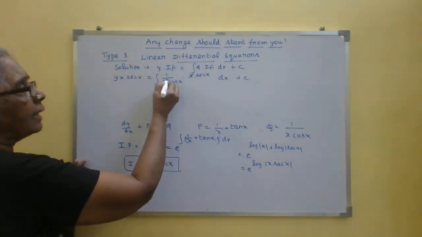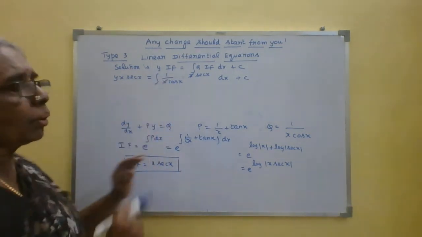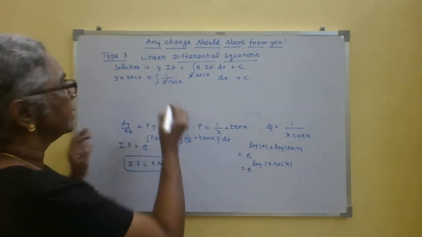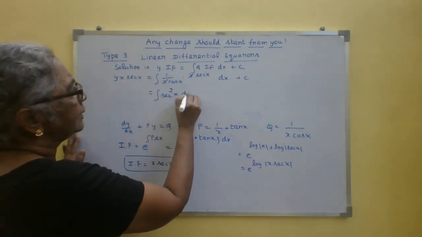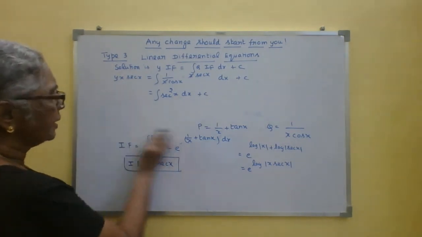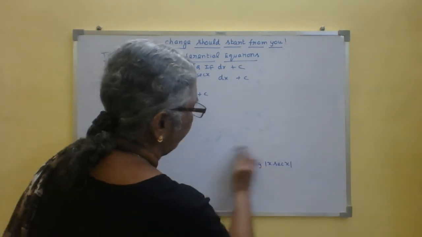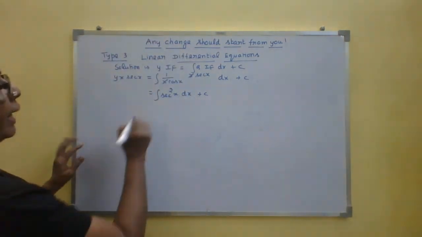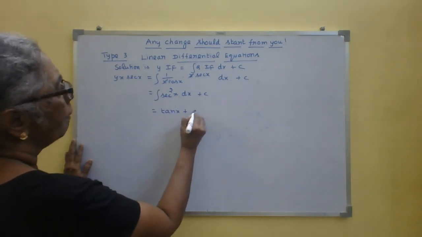This x and this x will get cut. This 1 by cos x is nothing but secant x, so I can write it as secant squared x dx plus c. You know integral secant squared x is nothing but tan x; there is a straight formula. So this is equal to tan x plus c.